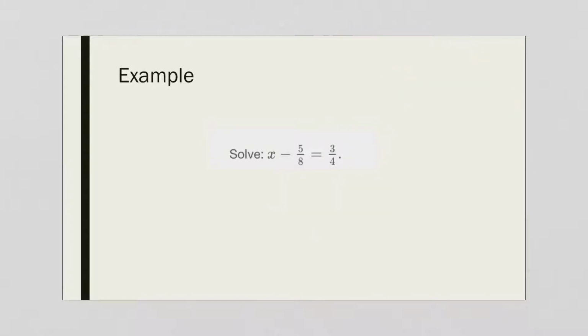All right, for this problem, again, look and ask yourself, what is happening to my variable? It's being subtracted by 5/8. So I want to add 5/8 to both sides of the equal sign. That created 0, so you've got that x is equal to 3/4 plus 5/8. 3/4 is the same thing as 6/8 if you multiply top and bottom by 2.